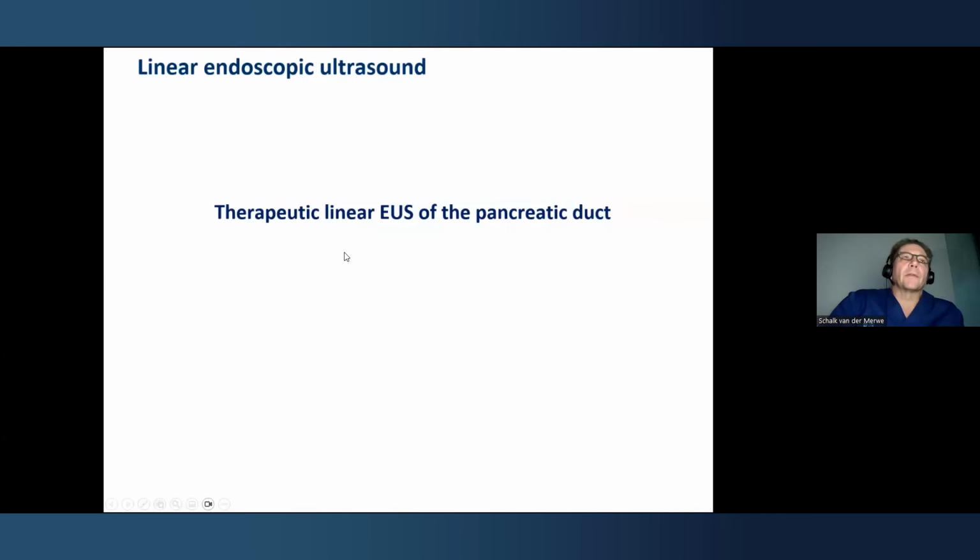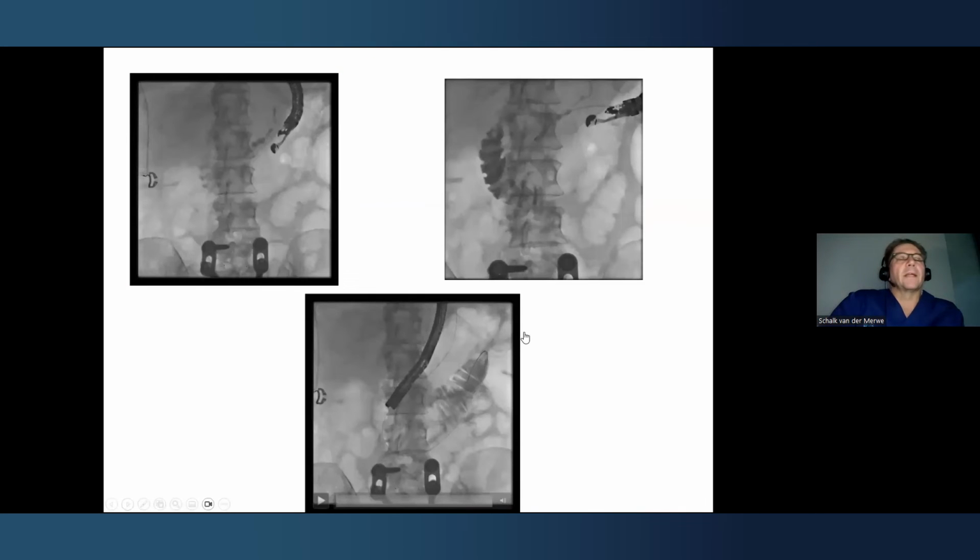What about the management of therapeutic EUS in pancreatic disease? Well, in this case, again, the EUS scope is used to access a dilated pancreatic duct in cases where retrograde access to the pancreatic duct is not possible. And by advancing the catheter into the duct and finally advancing the guide wire through the obstructive pancreatic duct segment, a rendezvous procedure can now be performed.